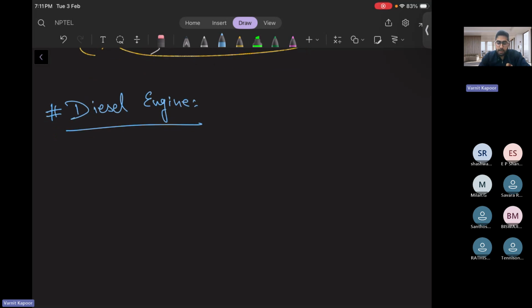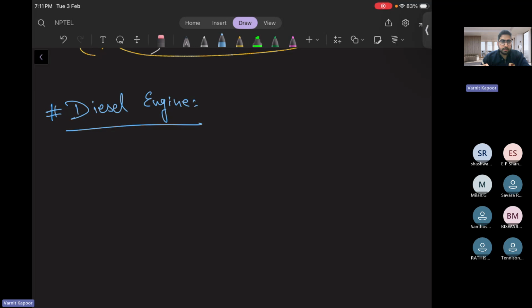In a petrol engine, during the suction stroke, air-fuel mixture is injected. But in a diesel engine, during the suction stroke only air is injected. The fuel is injected during the compression stroke, and there is no spark plug in the diesel engine.